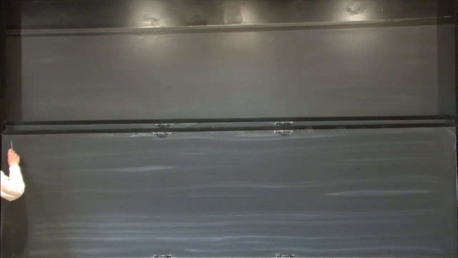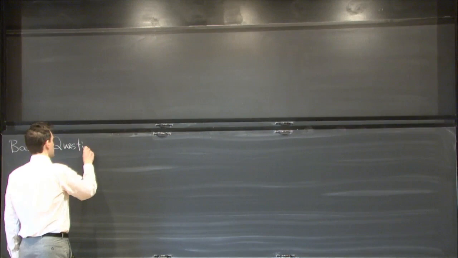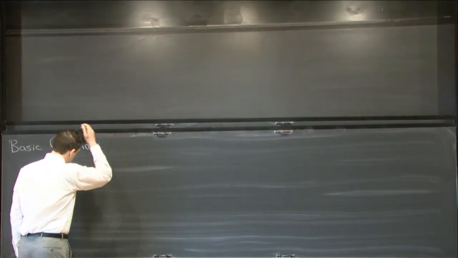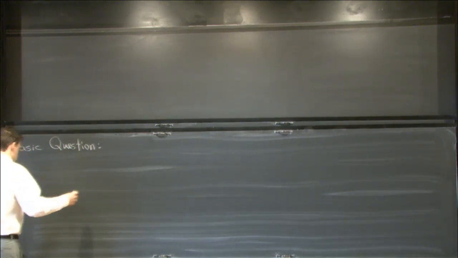So today's talk is about the following basic question in automorphic forms, which is probably nonetheless, in the generality that I'm about to state it, way too difficult to be tractable.